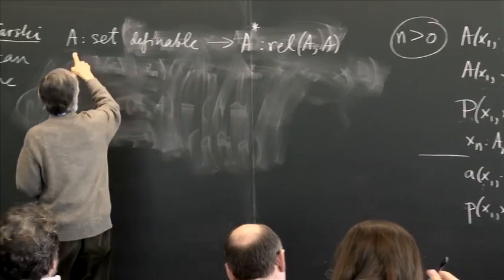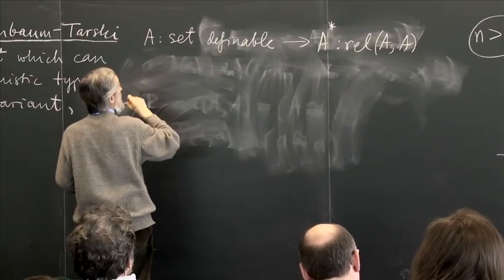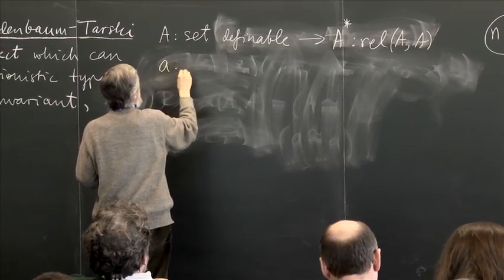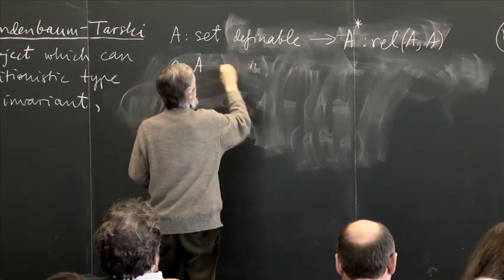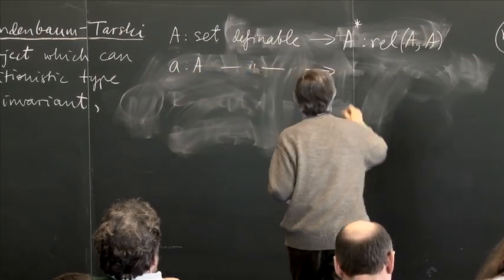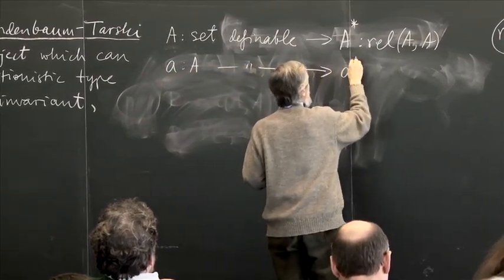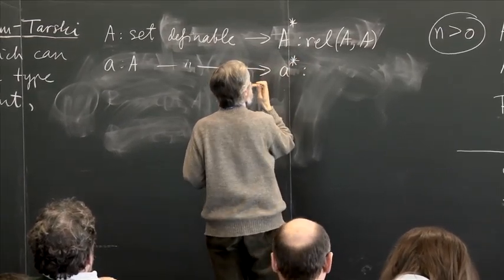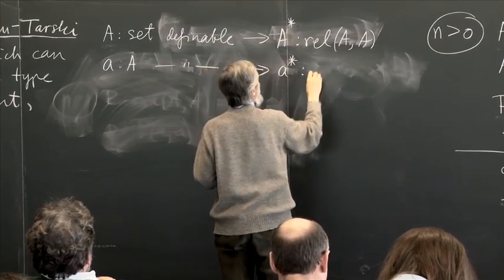And in the second case now, for no argument, no variables, if we have this definable, then we have to provide a proof A star that little a is related to itself relative to this relation.